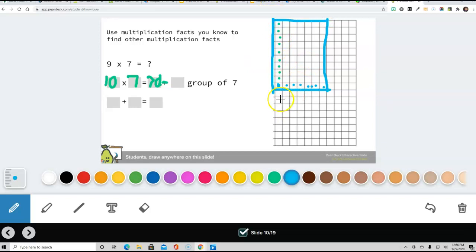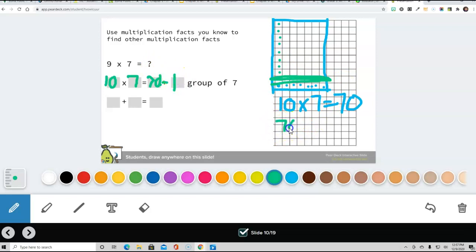So I have 10 times 7 equals 70. But I added, so this is what I needed to know. Right here. Okay. I added this whole row. So I have to minus one group of 7.